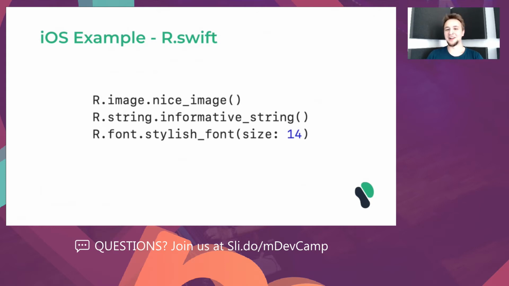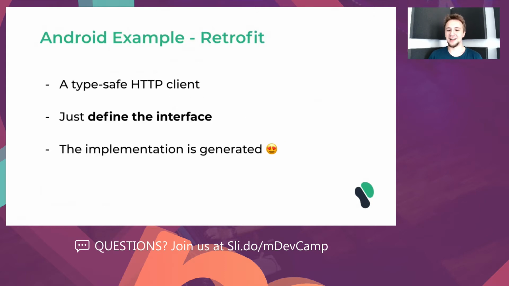All right, speaking of Android, let's check one nice example from the Android world, and that is the Retrofit library, which is defined as a type-safe HTTP client. One thing that it does very well is handling networking calls to API endpoints. When you have the data class onto which the response should be mapped defined, you just need to define the interface for the individual API calls.